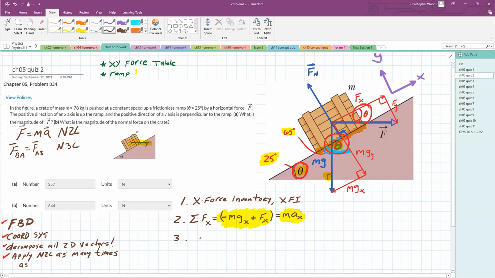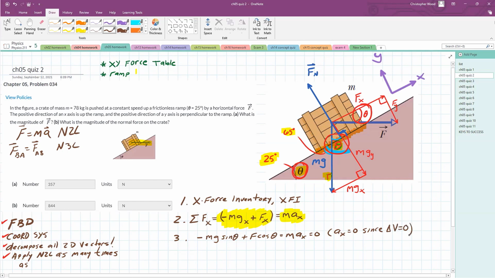Negative mgx, I can write that as negative mg sine theta, plus fx, and I can write fx as f cosine theta, equals mass times acceleration, equals 0, because a sub x equals 0, since the problem says the velocity is constant.